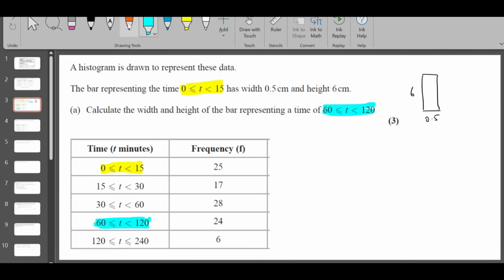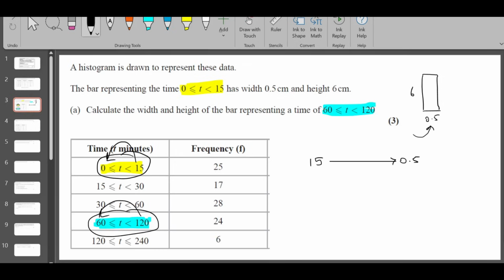Usually when we draw the histogram, for the width we use the class width. The class width is 15 minus 0, which is 15, but they use a scale factor and reduce it to 0.5. For this one, the class width is 120 minus 60, which is 60.